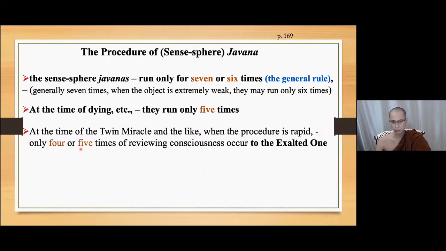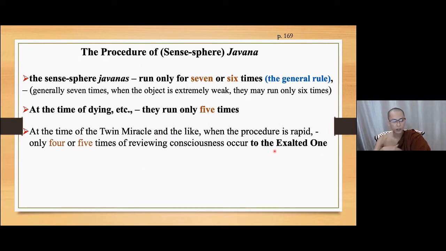This is not the near-death moment, which is related to every individual. This four or five times in the performance of the twin miracle refers to the Buddha, the Exalted One.